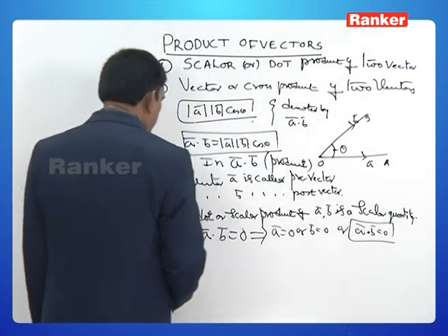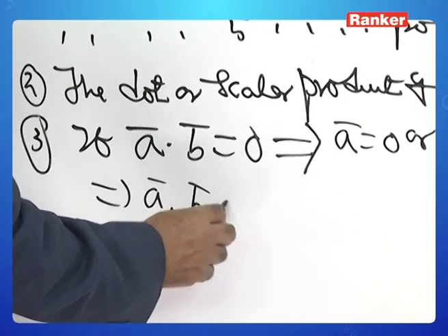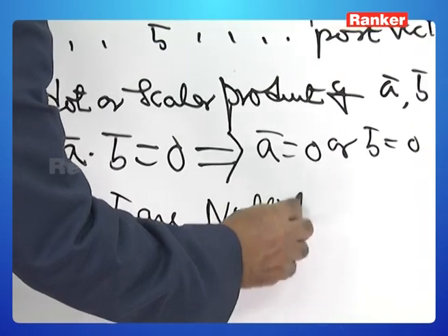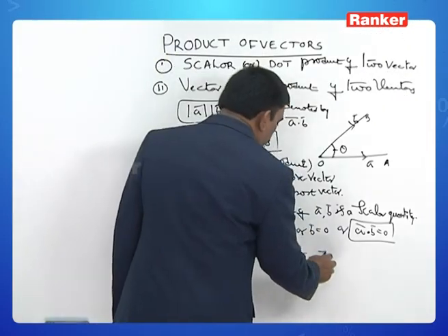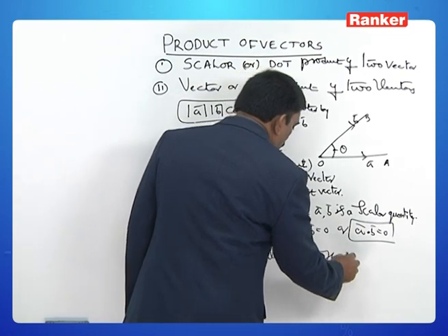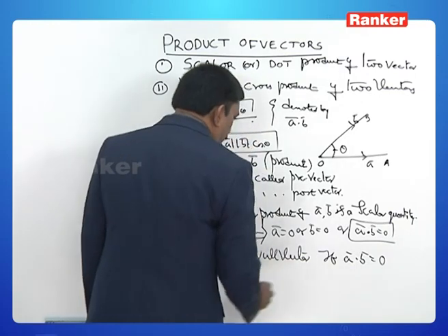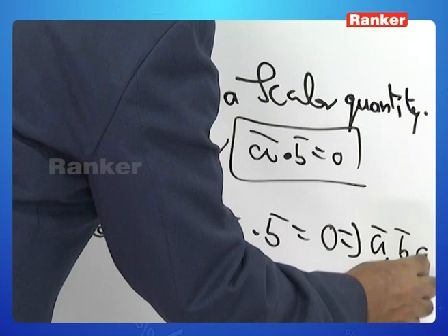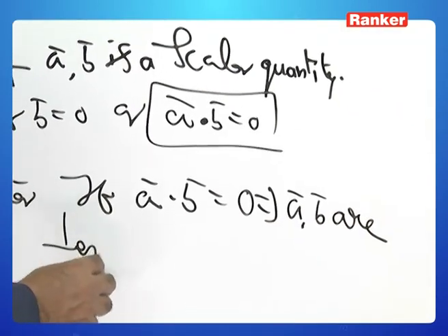Which implies A bar, B bar are null vectors. If A dot B is equal to 0, which implies A bar and B bar are perpendicular vectors.